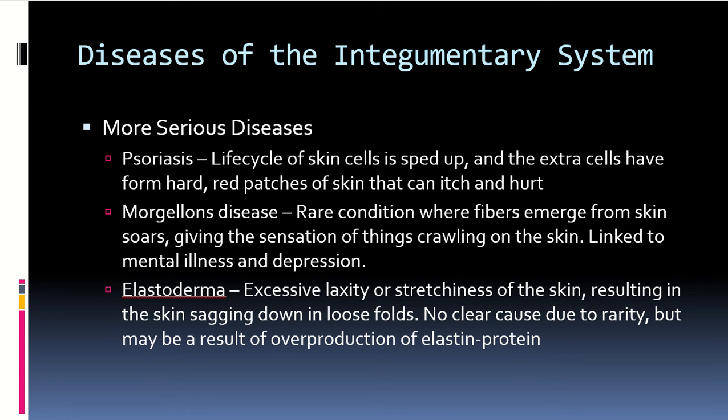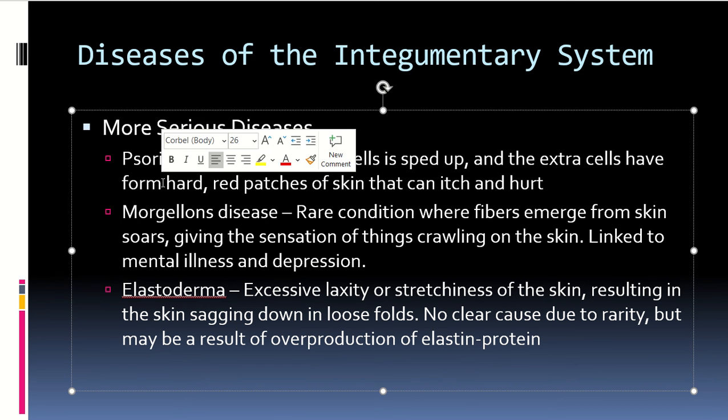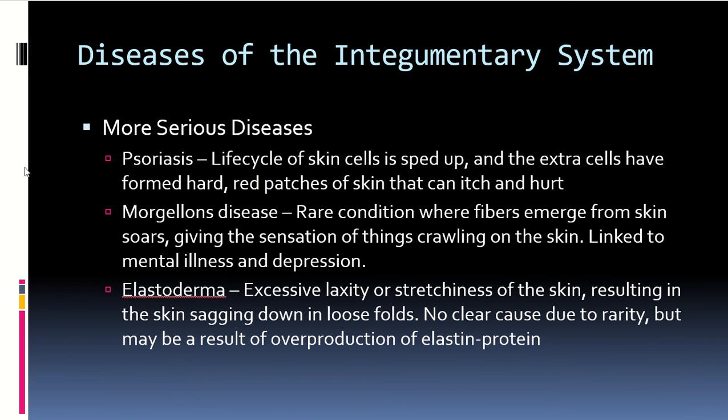Some more serious diseases, one of which is psoriasis. Basically, the life cycle of skin cells is sped up, and the extra cells have formed hard red patches of skin that itch and hurt.